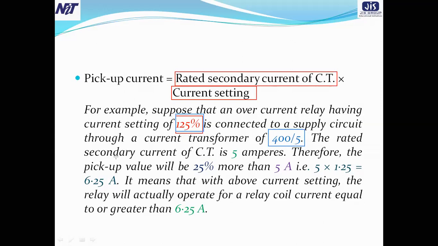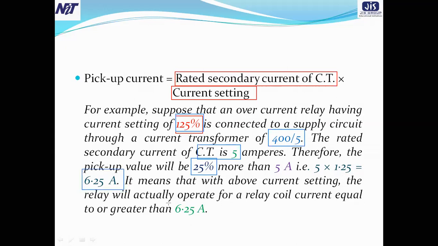What is the rated secondary current of the CT? This is 5, because 400 is the primary and 5 is the secondary, the rated secondary current. Therefore, the pickup value will be 25% more than 5 ampere. That is 5 into 1.25 equals 6.25 ampere.